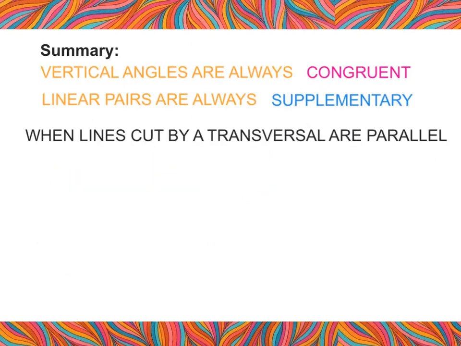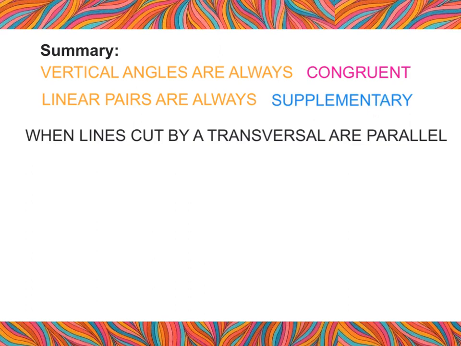I know there has been so much information in these slides, and it takes a while to sink in, but let's summarize. Vertical angles are always congruent. It doesn't matter if we have parallel lines cut by a transversal or vertical angles anywhere else. Linear pairs are always supplementary. Those relationships always exist.